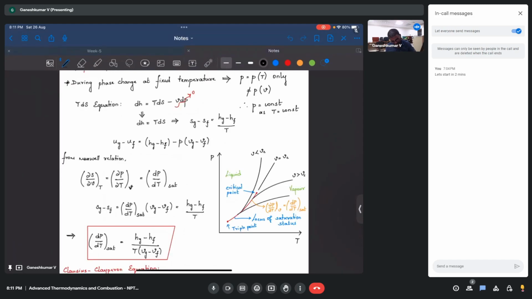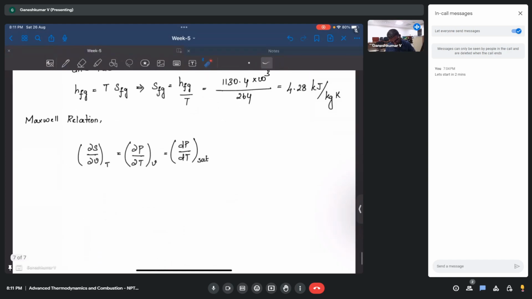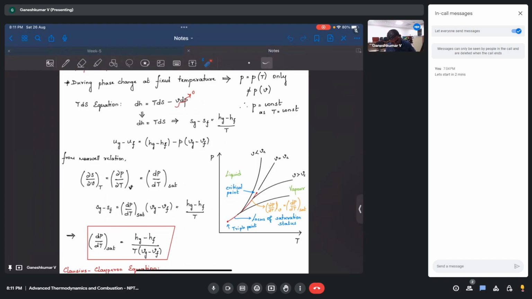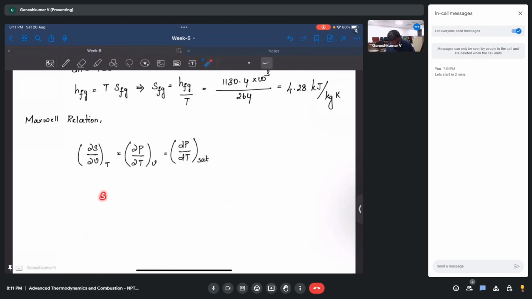For this phase change process, we can write it as dP by dT saturation. So now we can write this dou S as s_g minus s_f, which is nothing but s_fg, is equal to dP by dT saturation times delta V, right? So this actually goes here. It's nothing but v_fg.